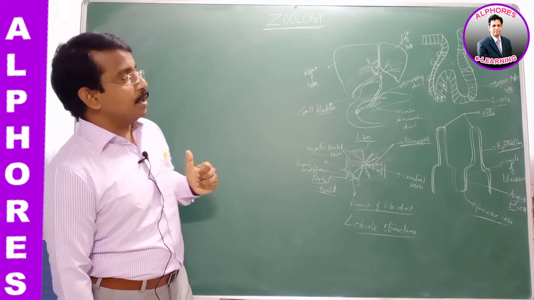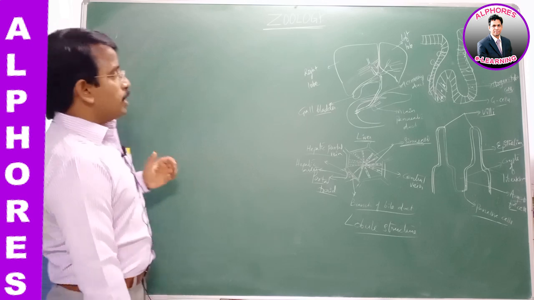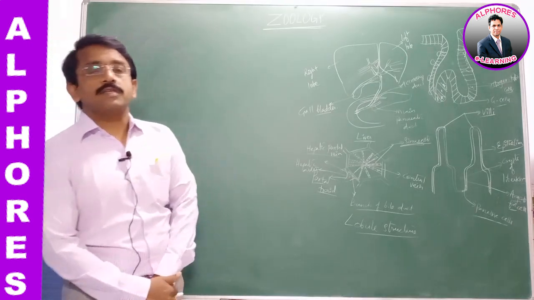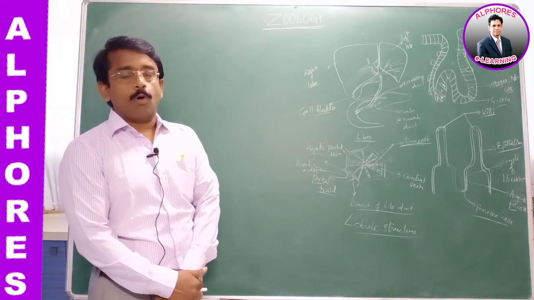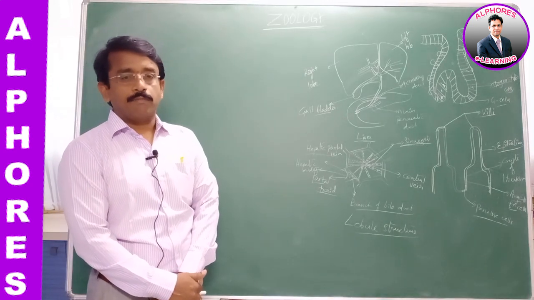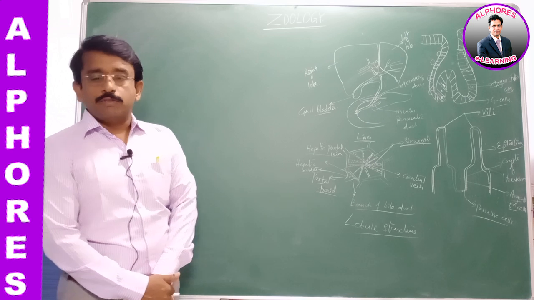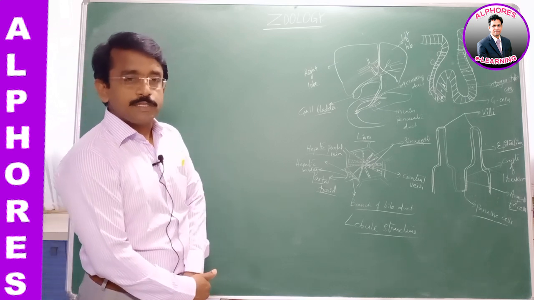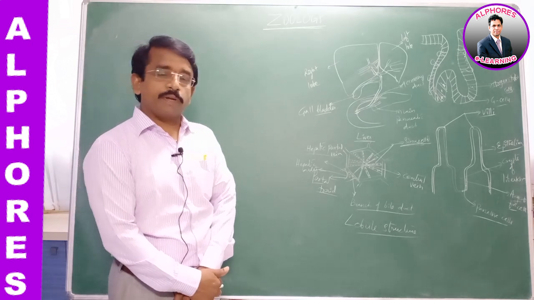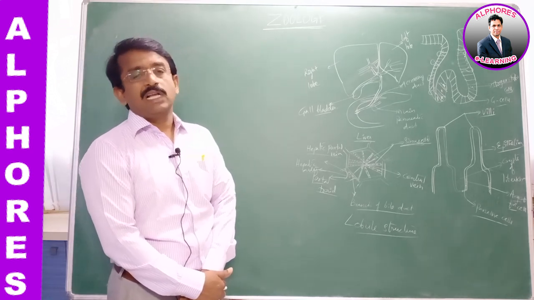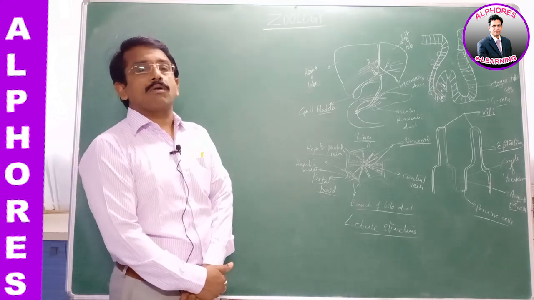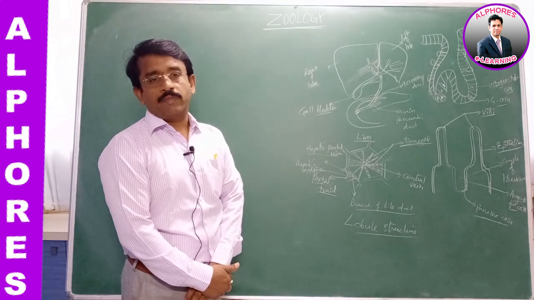And it includes the cells which are said to be the oxyntic cells or acidic cells, which are also named the parietal cells. Next, peptic cells or the chief cells. Next cells are mucous cells.